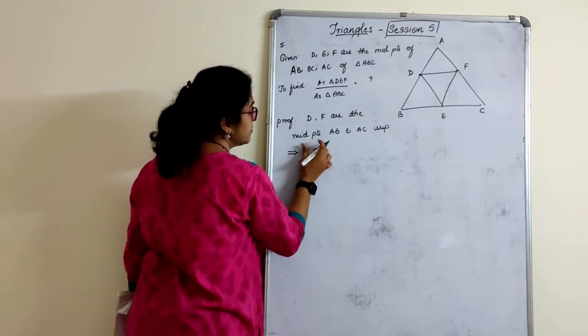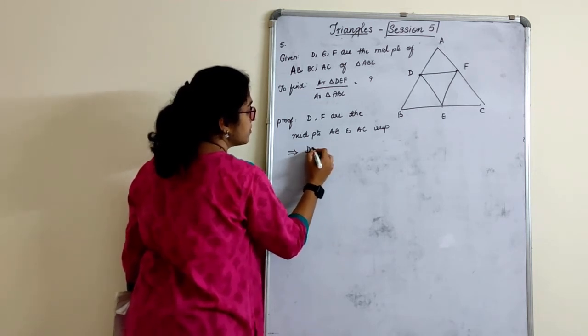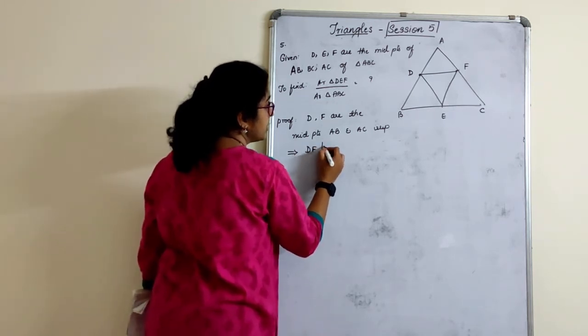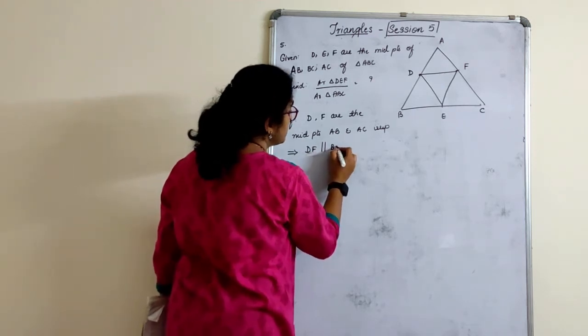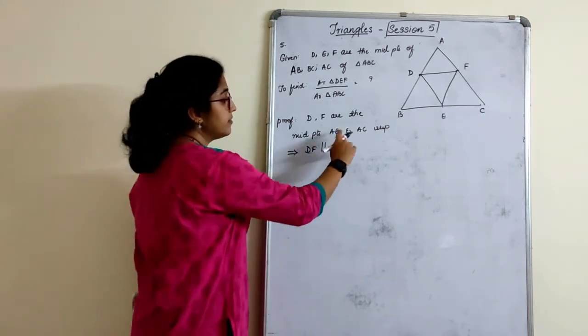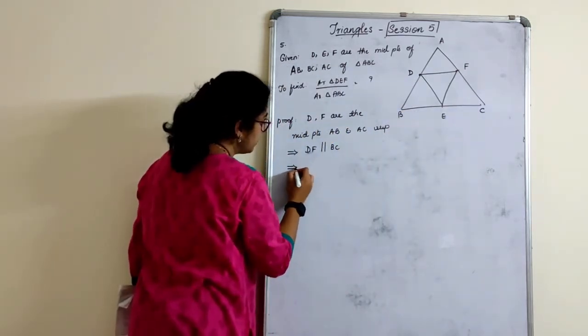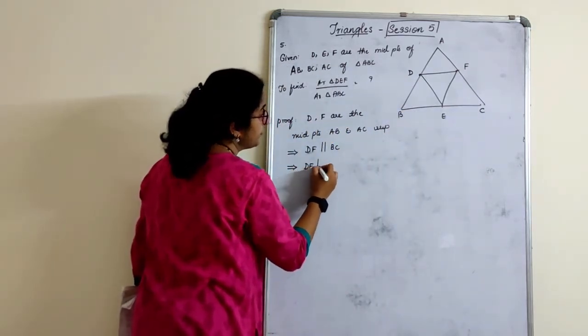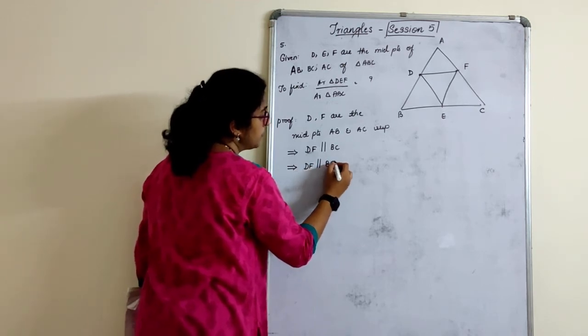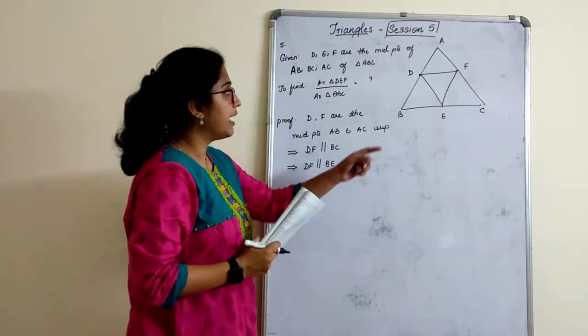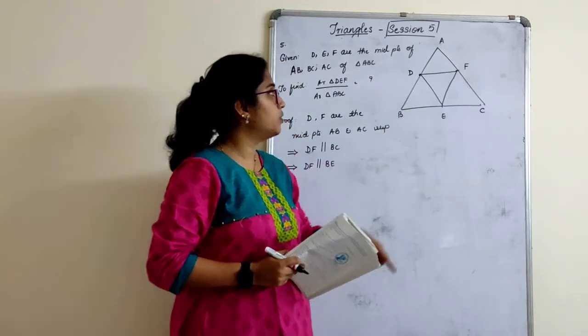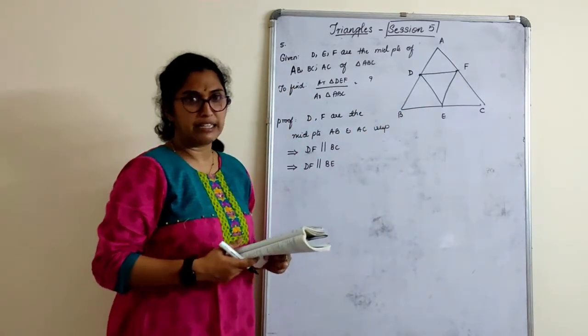This implies DF is parallel to BC. Okay, DF is parallel to BC. This also implies that DF is parallel to BE. Now see here children, if you want, I can also prove that DF is equal to BE. Midpoint theorem we can write here.